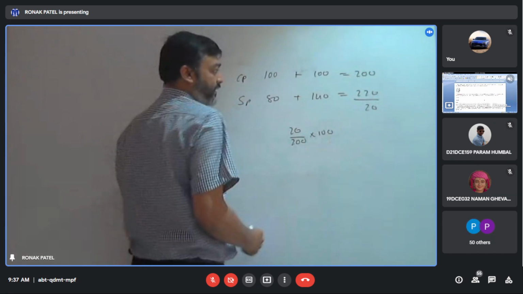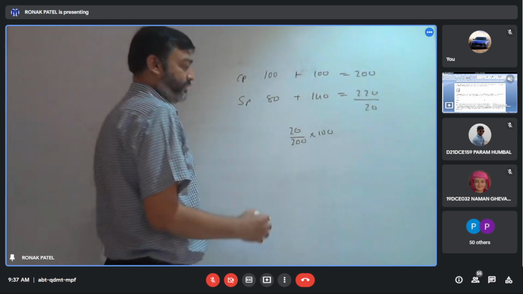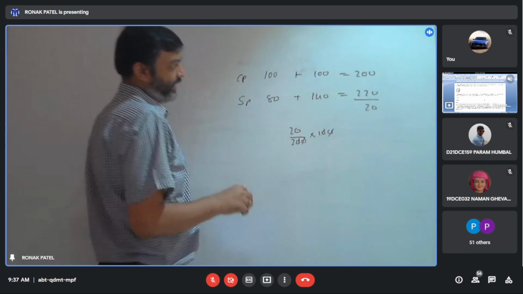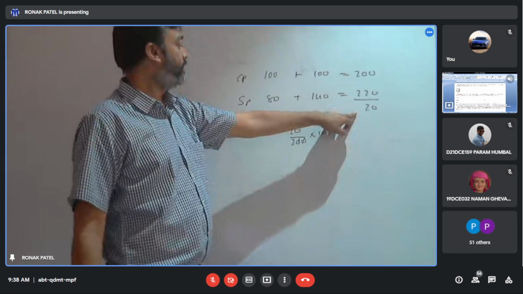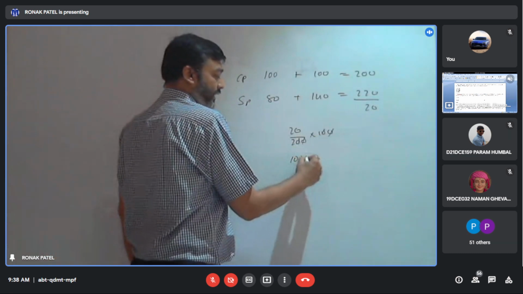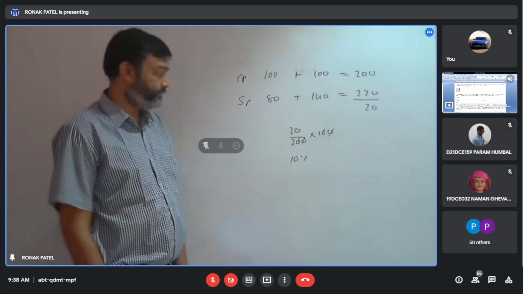If you multiply by 100, clear? So overall profit would be how much? Overall, your gain is 20 rupees, right? So the answer, according to me, would be 10%. Hope so, clear.